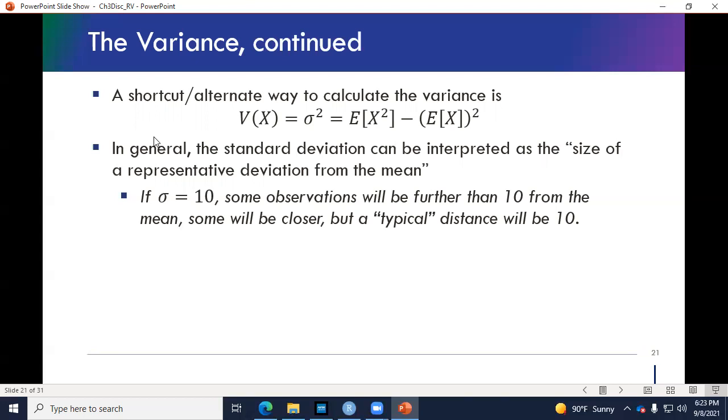So this is telling you what the variance is capturing, and most of the time the standard deviation is easier to interpret because it's in the same unit as the random variable you're trying to understand. So that's just the typical distance that an observation can deviate from the mean.